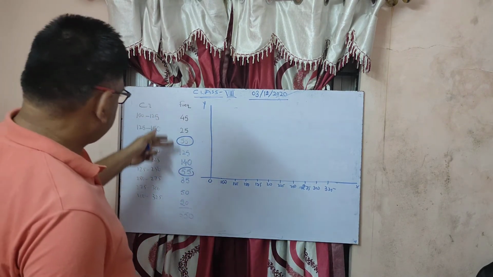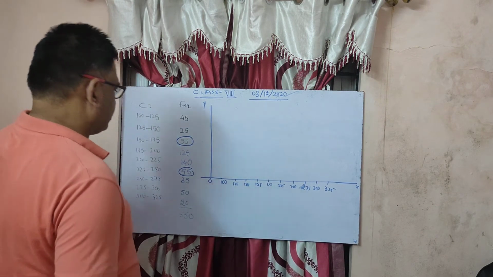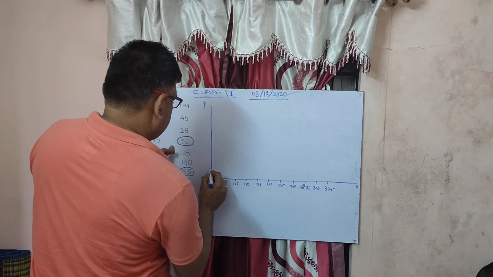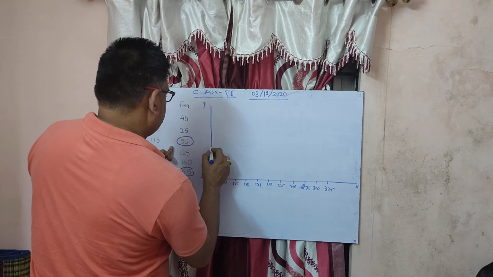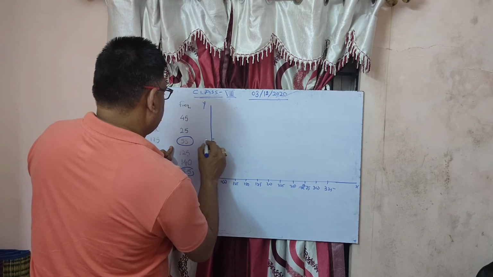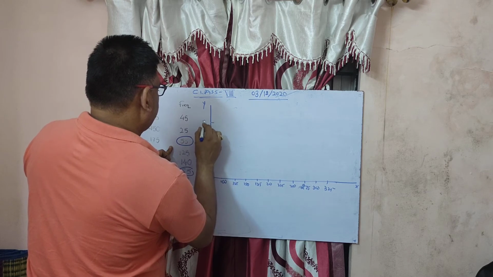Now, which is the smallest and which is the biggest? 20 is the smallest and 140 is the biggest. Now you can start 20, 40, 60, 80, 100, 120, 140.